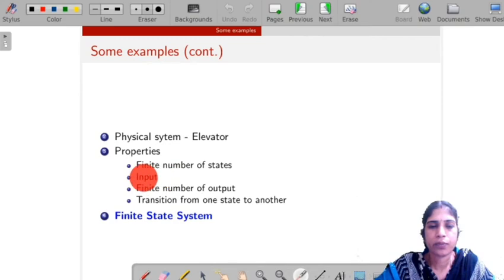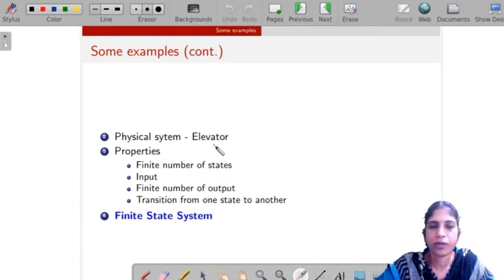The second property is input. In the case of a digital system, the input is the clock signal. In the case of the elevator, the input is the human request. Based on that input, it moves from the present state to the next state. The next one is a finite number of outputs. In the case of a digital system, suppose the final state is the last state, that is 1, 1, 1. So there is only one final state.